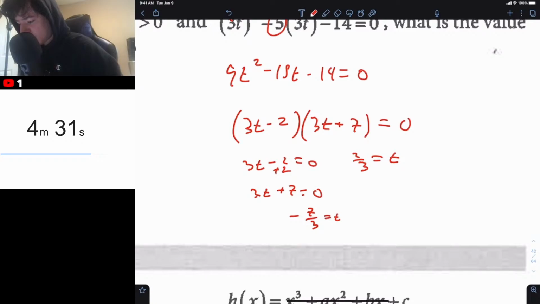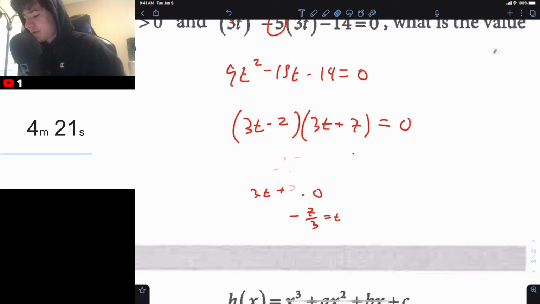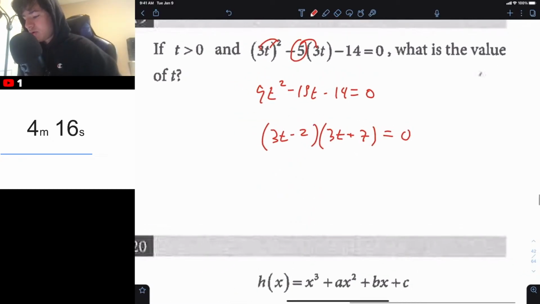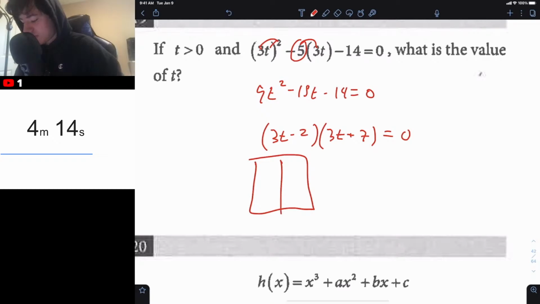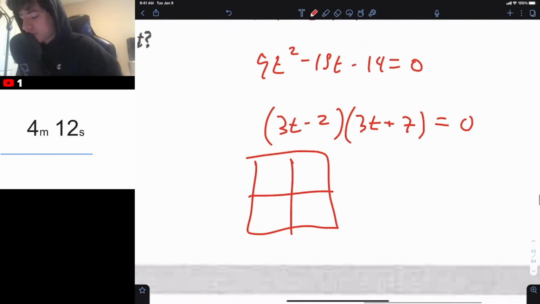But I think I accidentally reversed my factors. I just need to make sure that I multiplied everything out correctly, because I don't want to have made a mistake. So I get 3t minus 2 and 3t plus 7.